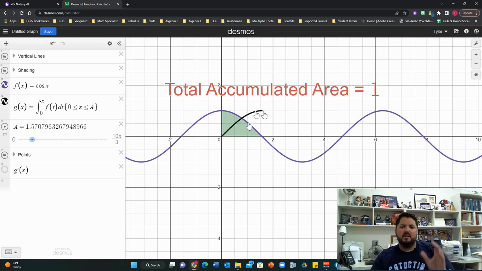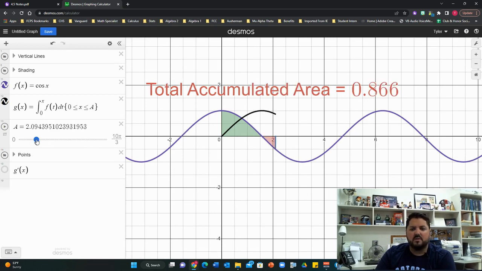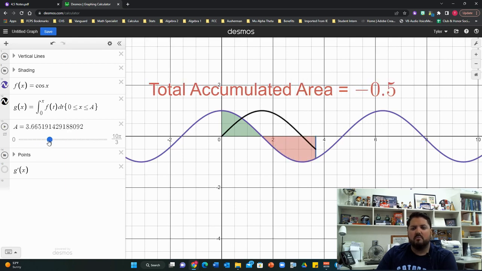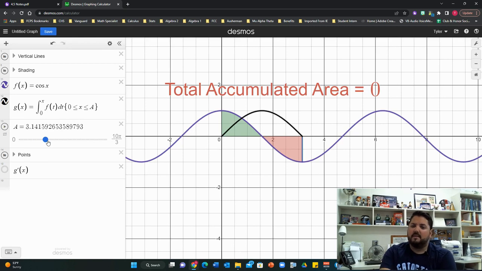And again, that is the idea that this area just reached its peak, because immediately after this, the total area is going to start to decrease because I'm taking away from the total, now that I'm including that negative region. So now our g of x curve is going to continue to decrease this whole time that I'm adding in more and more negative area. And at that point, the total area is back down to 0.